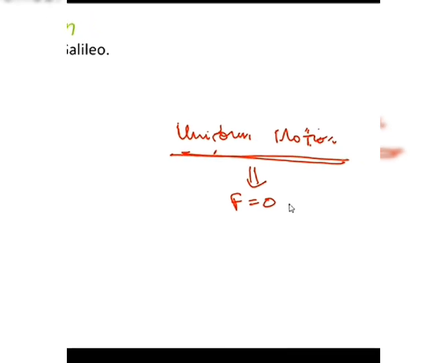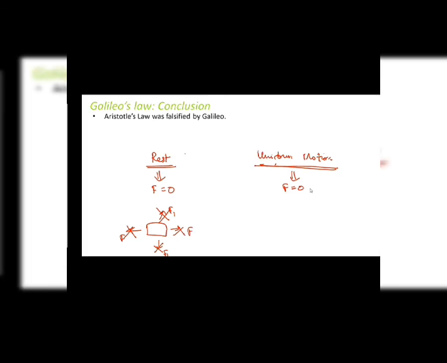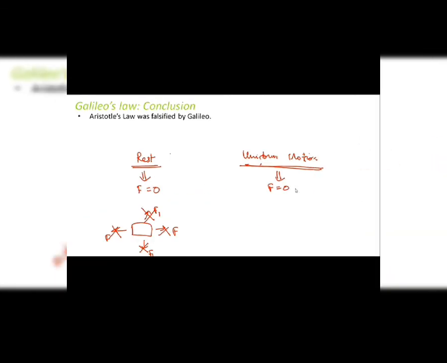So, when you are considering a frictionless surface, there is no external force acting. There's no external force needed. In that case, the body is moving with uniform velocity. So, even in the case of uniform motion, the net force acting on the body is zero. So, Galileo told that a body at rest should be considered equivalent to a body in uniform motion. That was Galileo's idea.